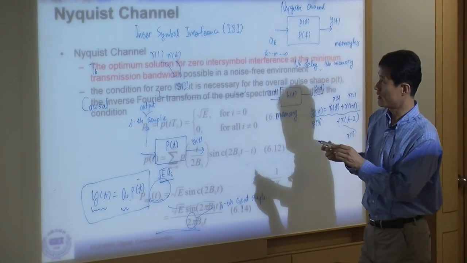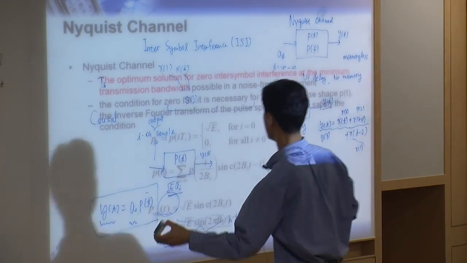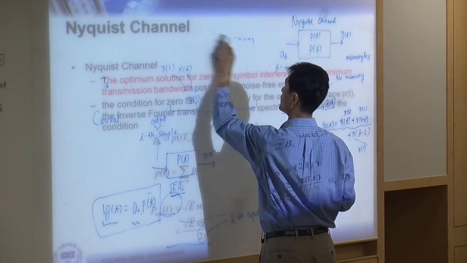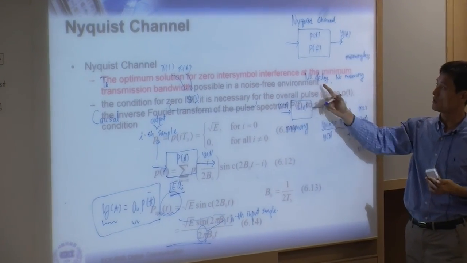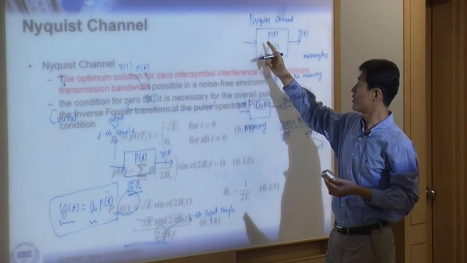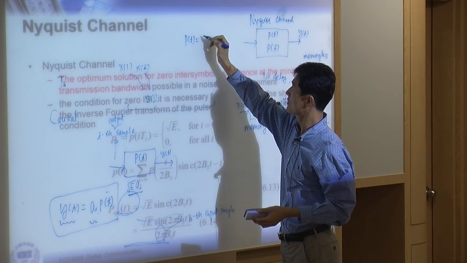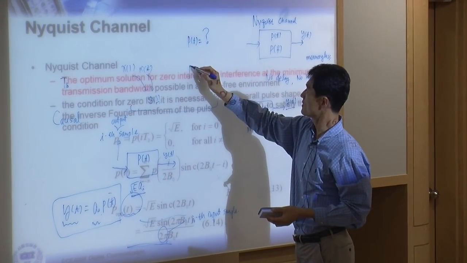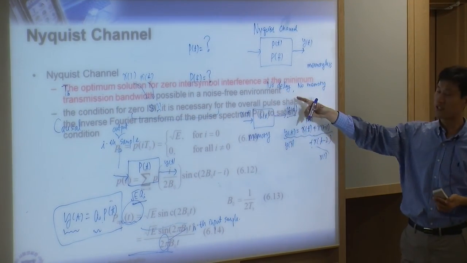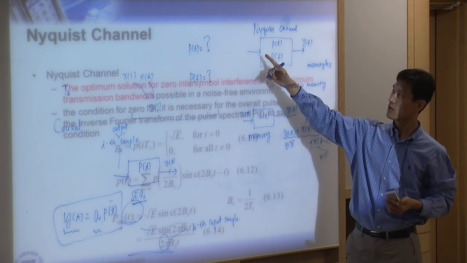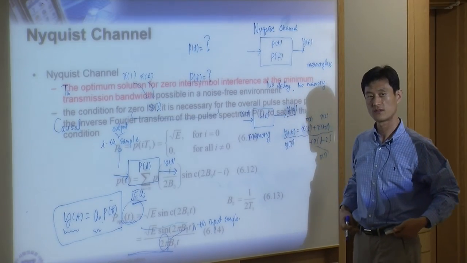Now then, since we are talking about the Nyquist channel, we want to look at a relationship of this block. Let's say we want to make this block no delay, no memory. Then what do you think is going to be the PT, or what is going to be the PF? If we want no delay, no memory in this block, then what kind of impulse response do we have?